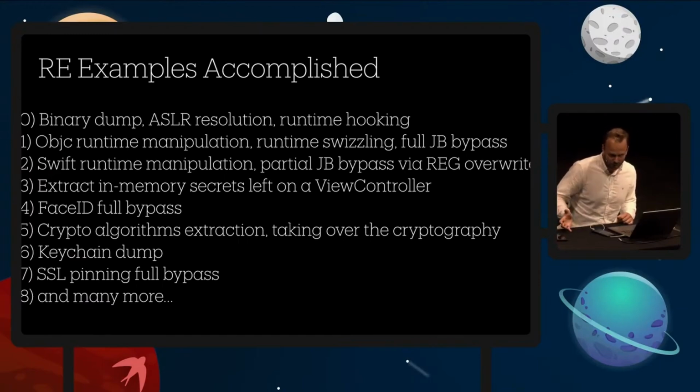SSL pinning full bypass, that would be another presentation where I would be able to break the SSL pinning just by injecting some things into runtime, or swizzling the TrustKit library that was loaded in.